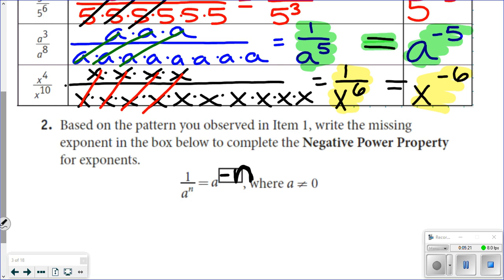So let's go to our graphic organizer where we see the negative power. And let's start filling this box in.